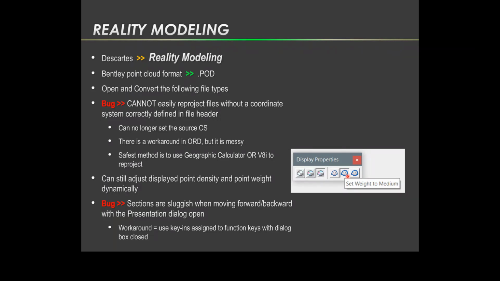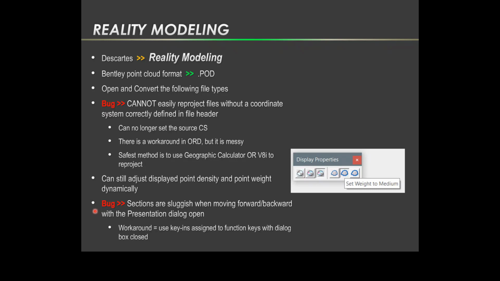And another bug that we have found with ORD and Connect is that whenever you are using the reality modeling or Descartes tools and using cross sections, they're very sluggish when you're moving forward and back with the presentation dialog open.